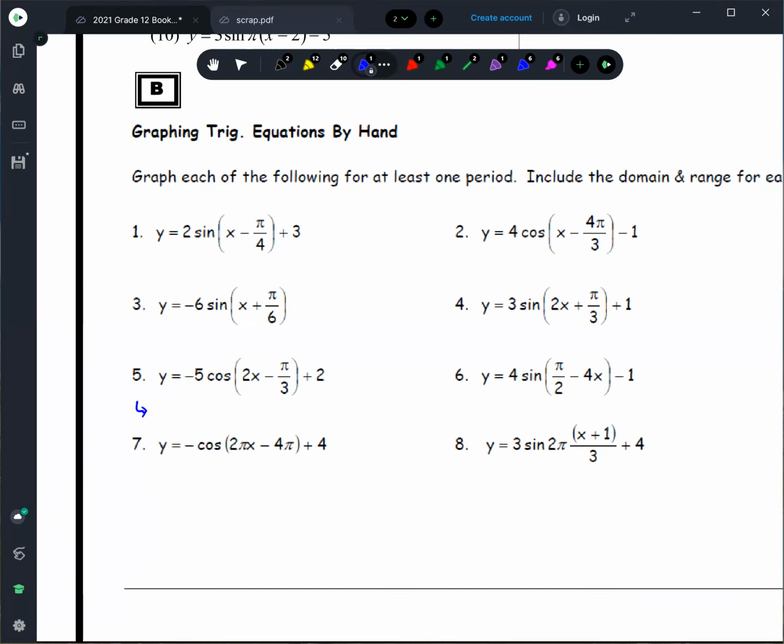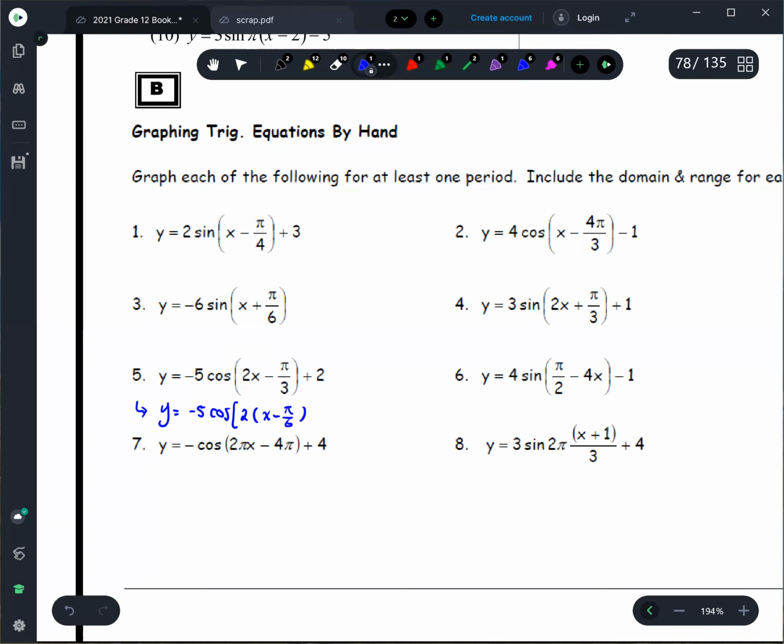Okay, is it y equals -5 cosine bracket 2 bracket x minus pi over 6 bracket plus 2? Yep, very good, great. Yeah, that's correct. So you need to factor out the 2. When you factor out the 2, the power 3 needs to be divided by 2. You need to divide by the number you factored out, so it makes it pi over 6. And from there you figure out the A, B, C, D.